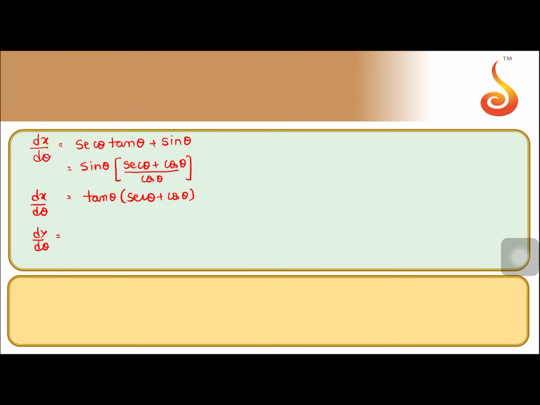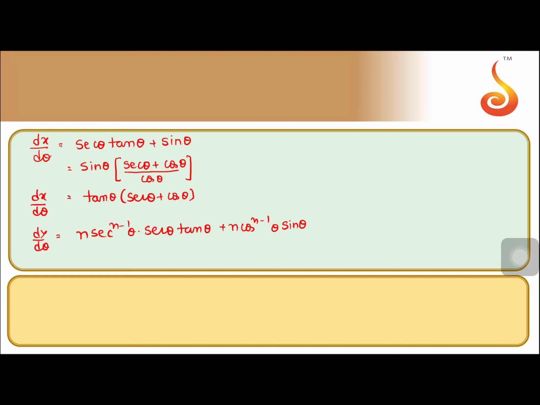Similarly, dy by d theta, we get it as n secant to the power n minus 1 theta into secant theta tan theta. It's a chain rule because the derivative of secant theta is secant theta tan theta. Plus n cos to the power n minus 1 theta into sin theta.